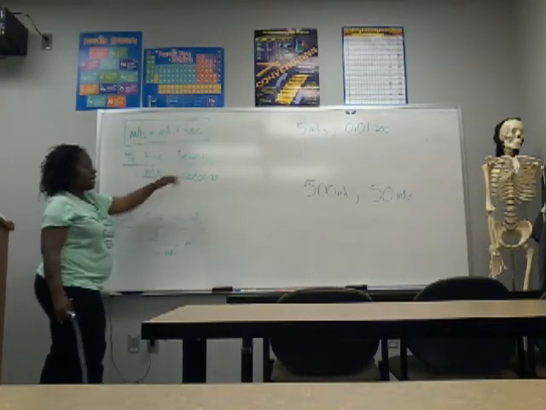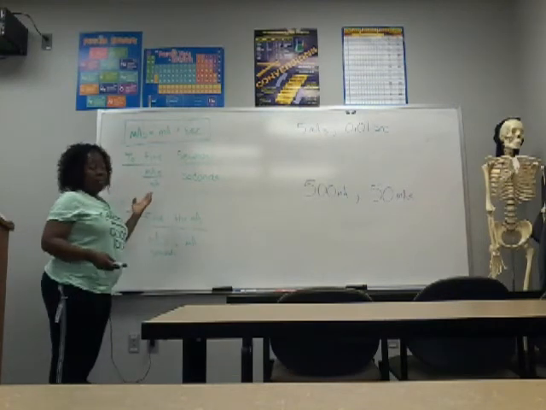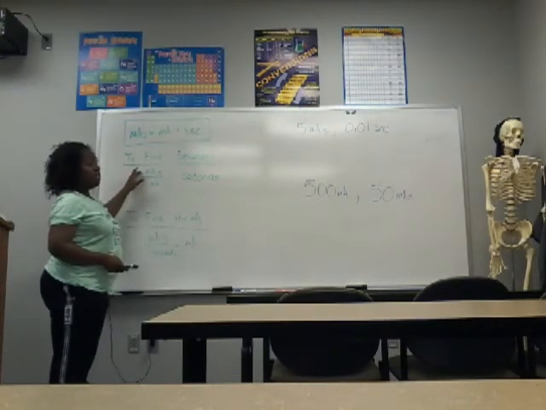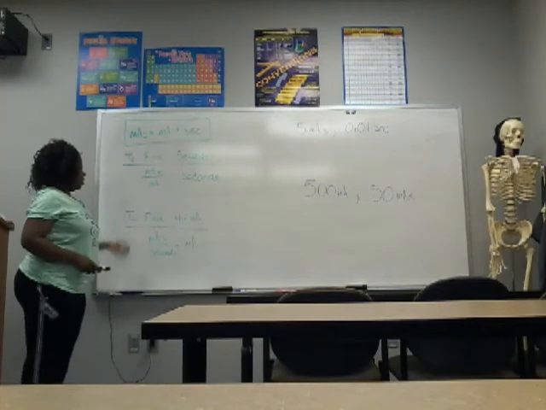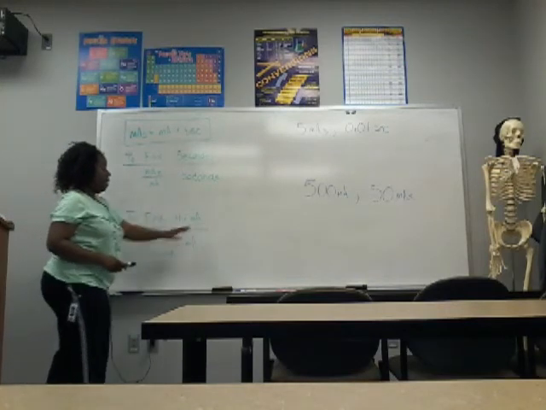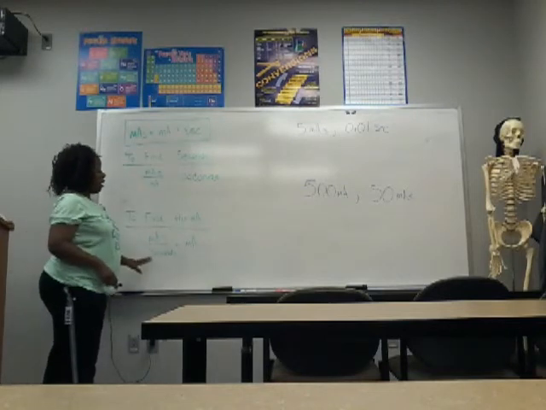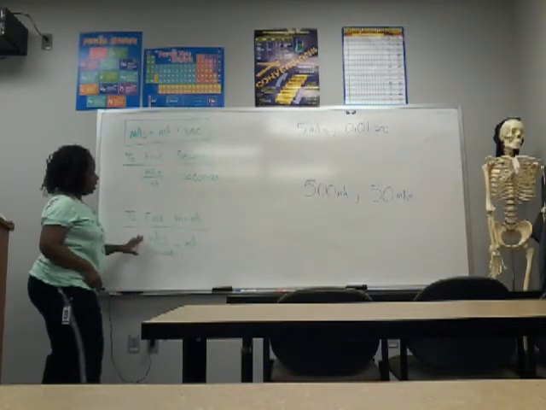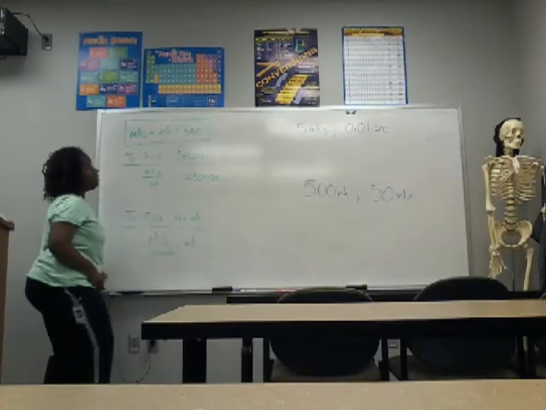To find out the seconds, you know what the mass is and the mA is, so you take the mass divided by the mA to get your seconds. The next one is we're trying to find the mA. We know what the mass is, we know what the seconds is, so we take the mass divided by the seconds, which is going to give us our mA.